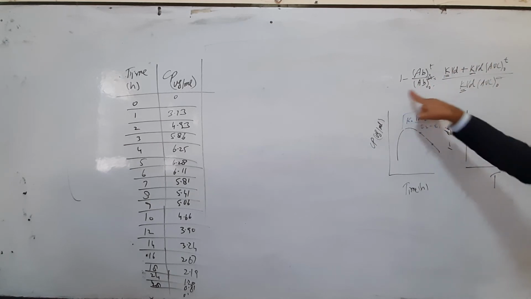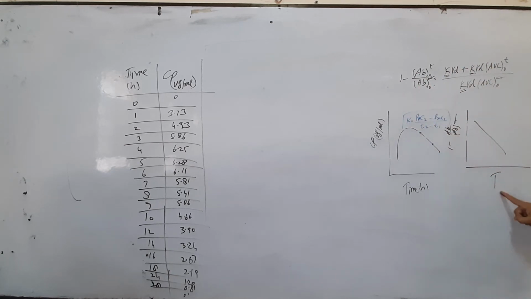Then, when we get the values, we will plot them against time and draw the straight line.